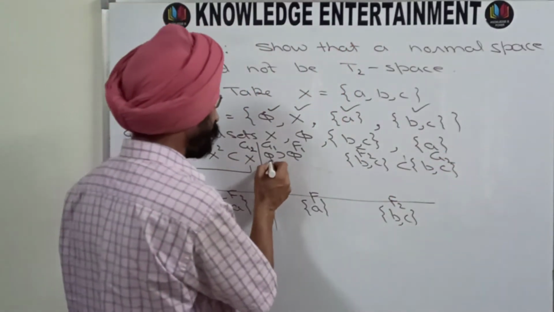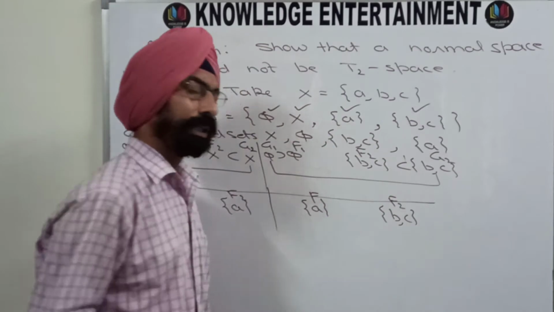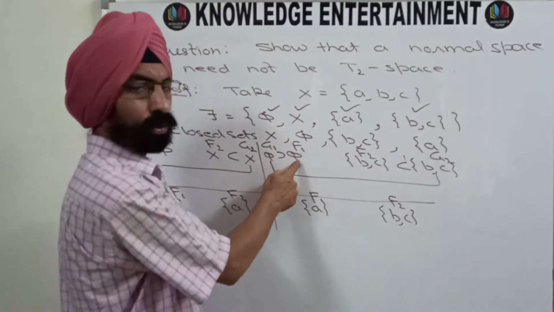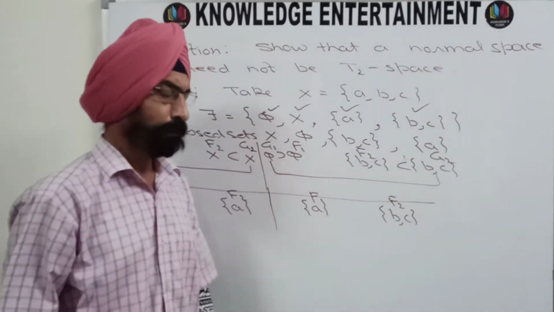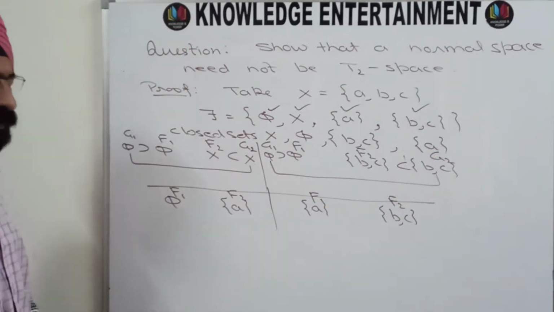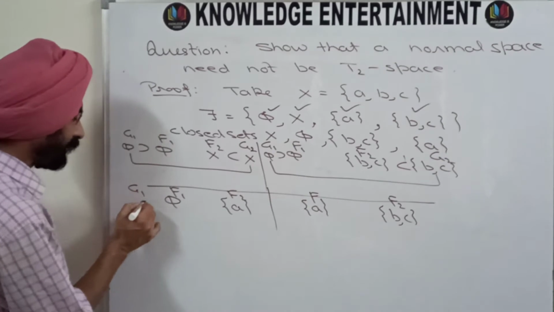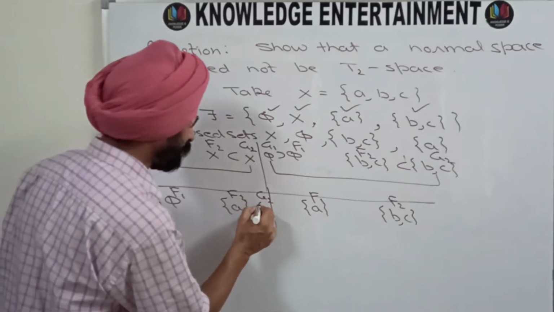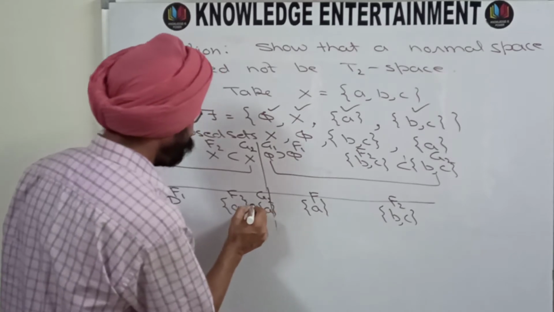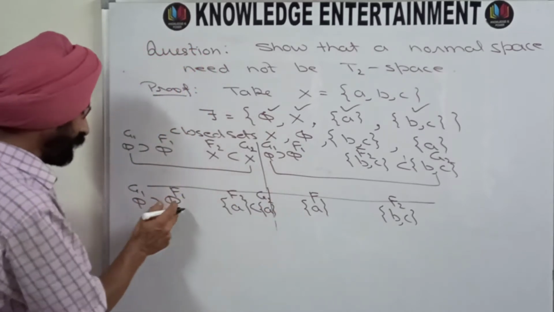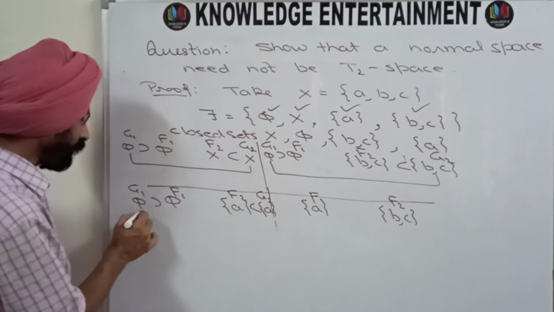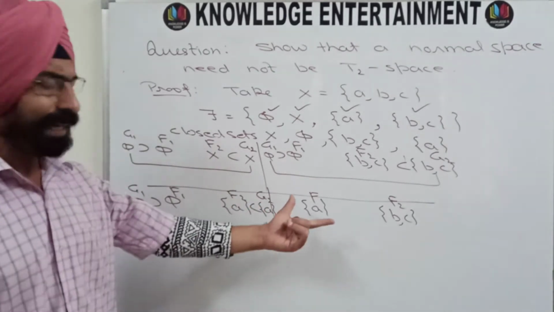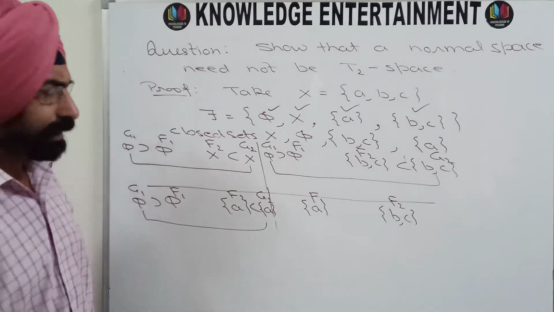And once again, G1 and G2 is a pair of disjoint open sets containing the disjoint closed sets F1 and F2. The third possibility is just the same one. You can take your G1 as phi, and you can take your G2 as the singleton set A. So F1 is contained in G1, F2 is contained in G2, and G1 and G2 is a pair of disjoint open sets.